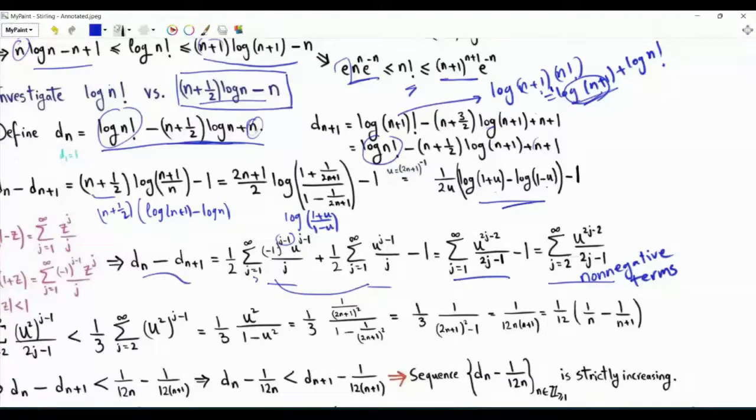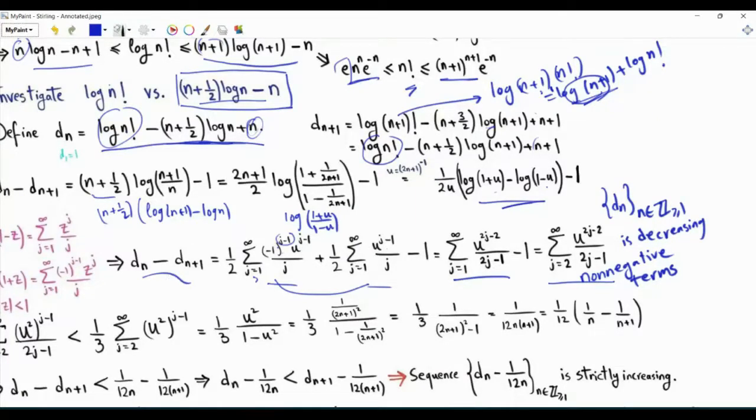Okay, so we can make a conclusion here that if our interest is the sequence dn, where n is a strictly positive integer, this sequence is decreasing. It is strictly decreasing, right? Because it's always the case that dn is greater than dn plus 1. The difference between the two is strictly positive. So the sequence dn itself is a decreasing sequence. So keep this in mind, but we will try to do something else.